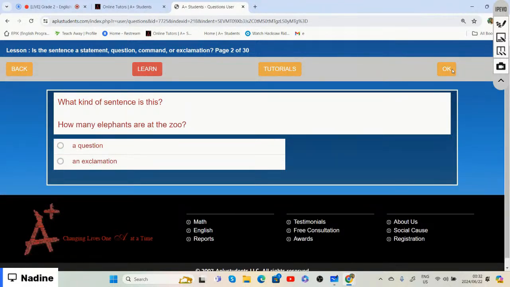Then it says, how many elephants are at the zoo? Is that option one, a question, or option two, an exclamation?